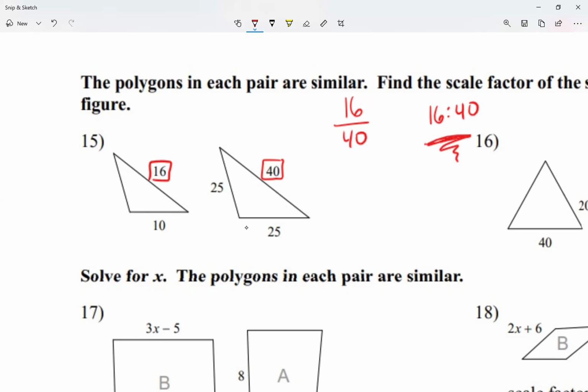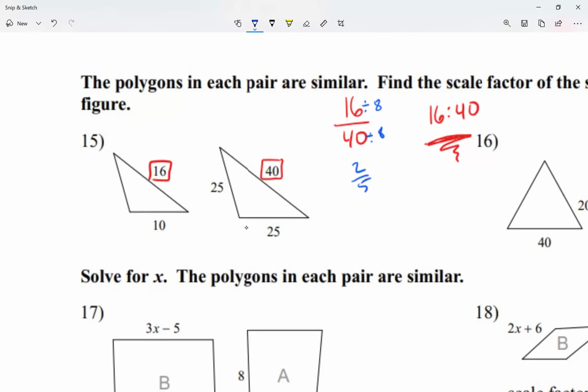Now, one thing. Remember how fractions can be simplified? If I saw this as a fraction, 16 over 40, remember how to simplify? Let me divide top and bottom by the same number. In this case, let me divide each by 8. So 16 over 40, shouldn't that simplify to 2 over 5?